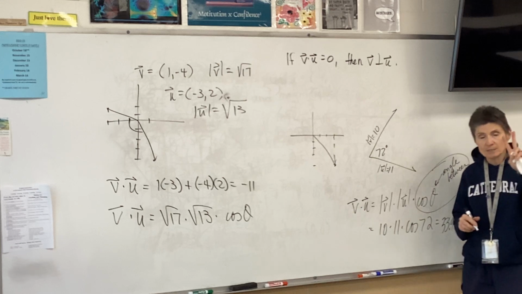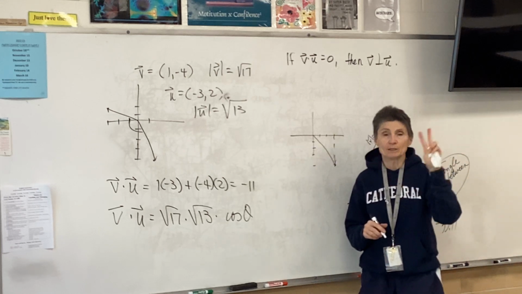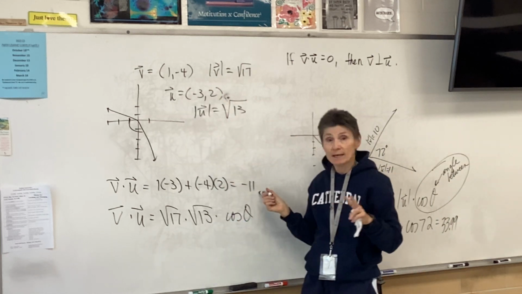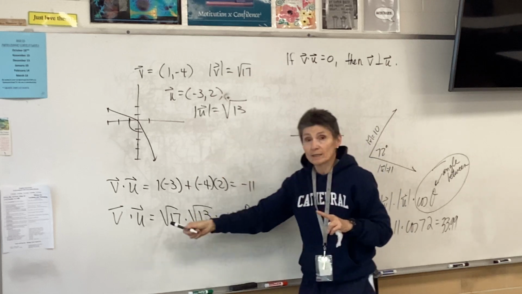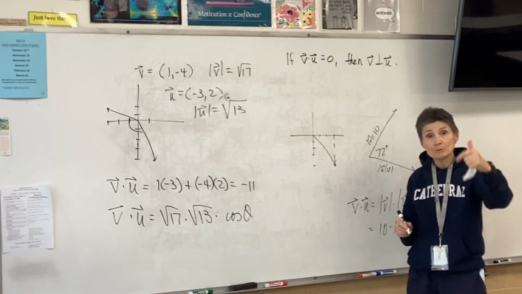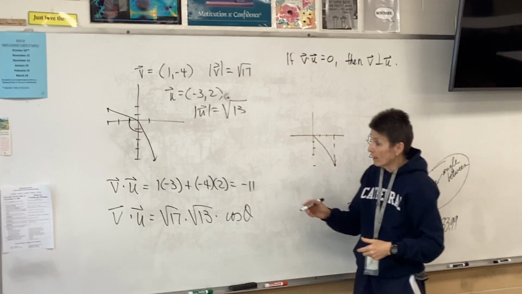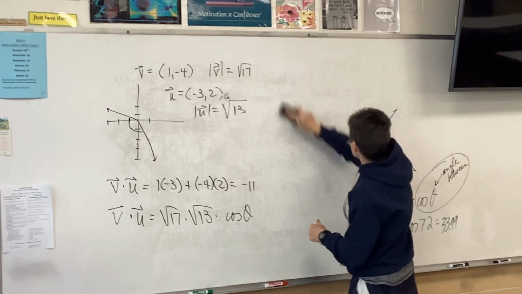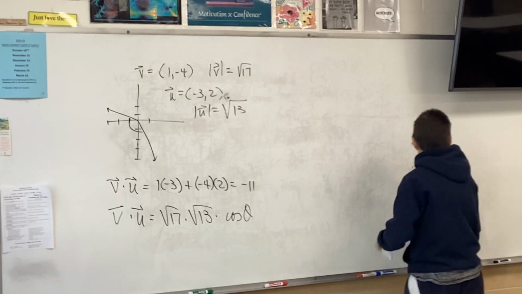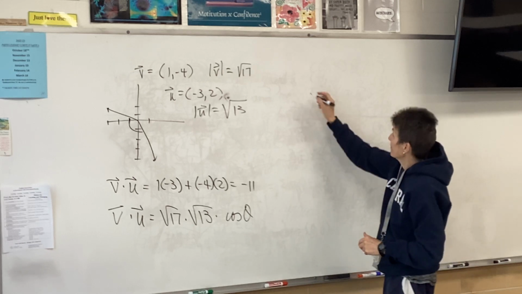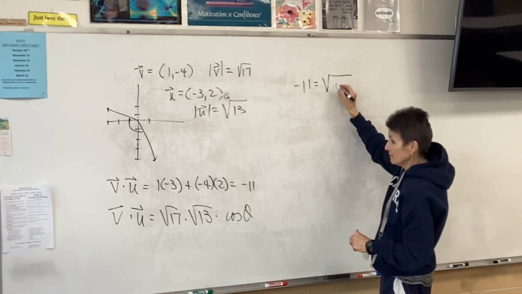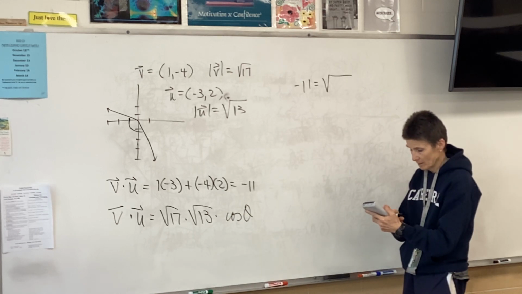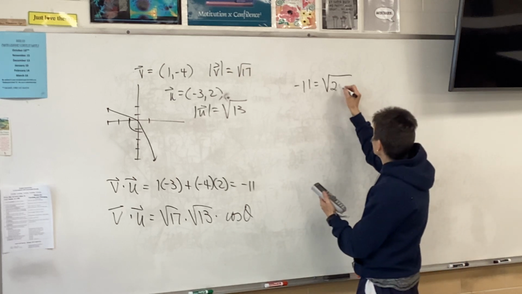There are 2 definitions of the dot product, 2 ways to calculate it. I can do it coordinate-wise, which gave me -11, but I can also do it using the angle, magnitude times magnitude times cosine. Well, since both of these are dot products, I can set them equal to each other. So -11 equals root 17 times root 13, let's see, what's 17 times 13? 221.